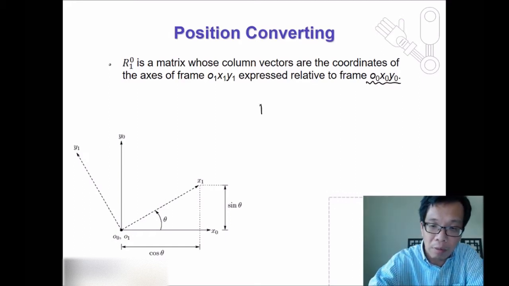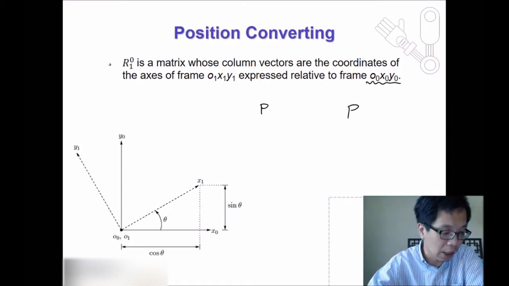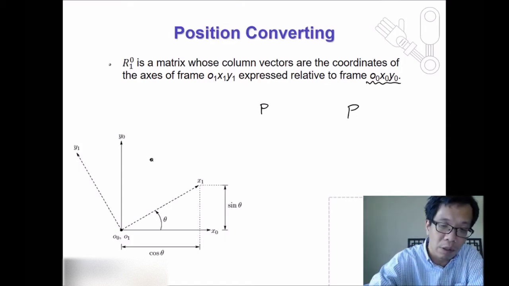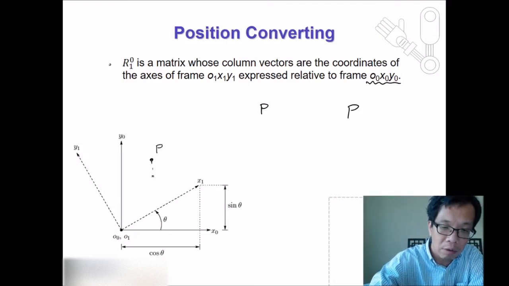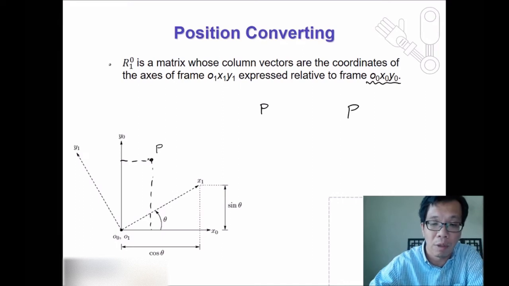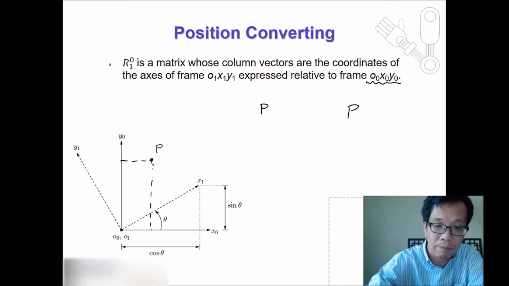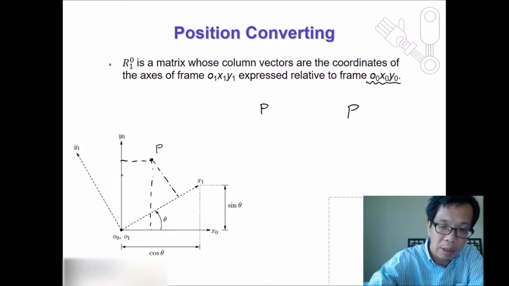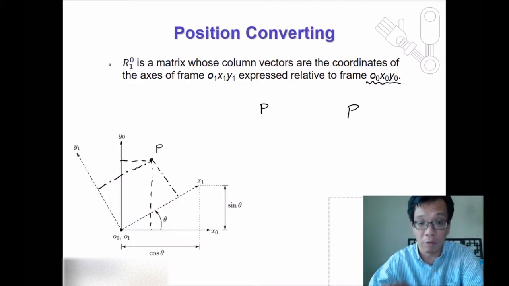So we got P. Those two P means the same position. Let's say this is P. When we are dealing with this specific P, we can describe that into two coordinates, of course.